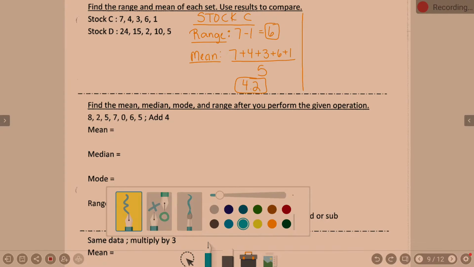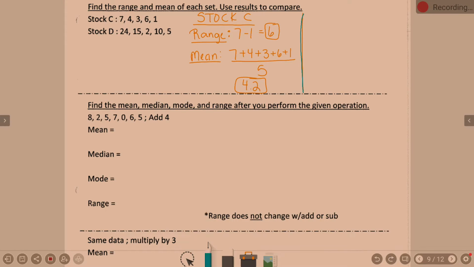Now 24 plus 15 plus 2 plus 10 plus 5. Stock D. I'm going to start with range just to be consistent. We'll meet up in the end, I'm sure.